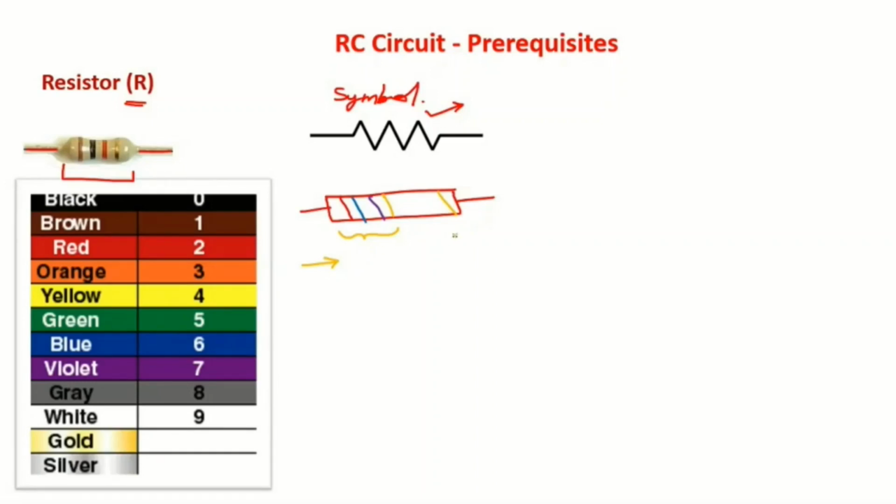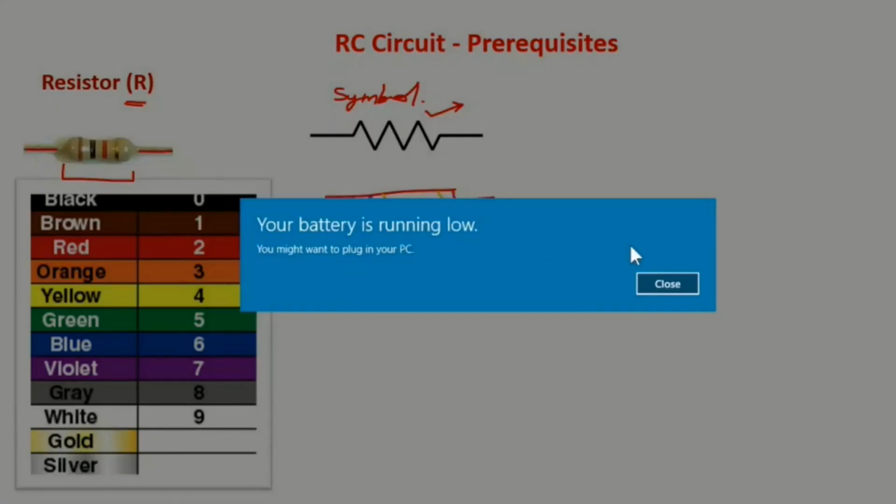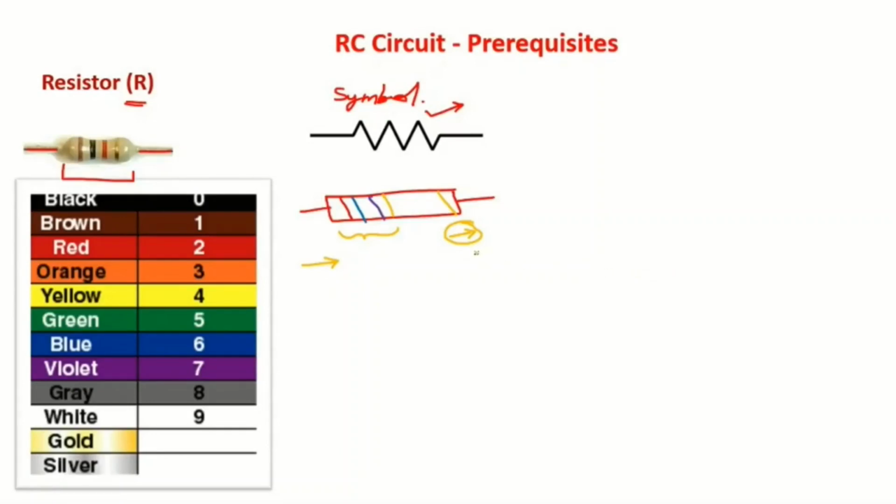On the other hand, the color on the right side represents the tolerance of the resistance value. This tolerance is given by two colors: first gold, second silver.